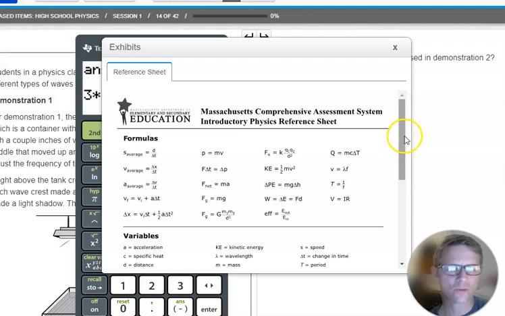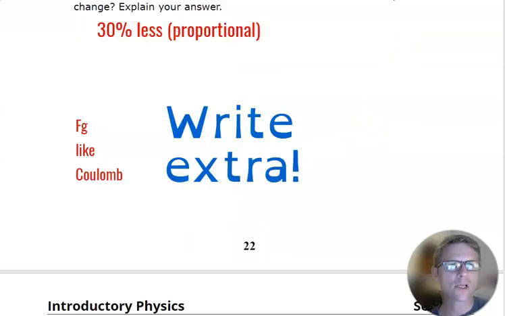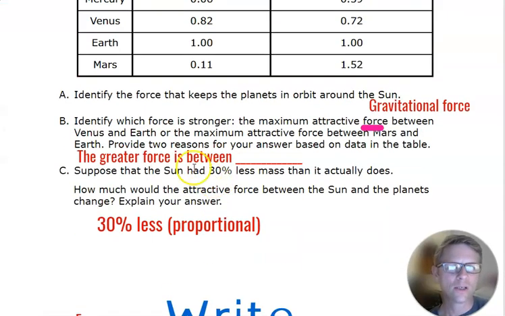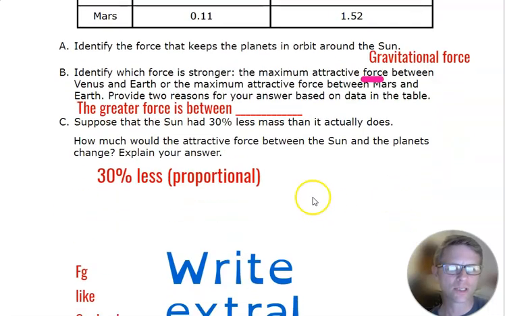The gravitational force is based on the masses and the distance, just like the Coulomb force is based on the charges and the distance. So I can see that there's a greater mass for Venus, way bigger than Mars, and there's much less distance. So it's got to be between Venus and the Earth.